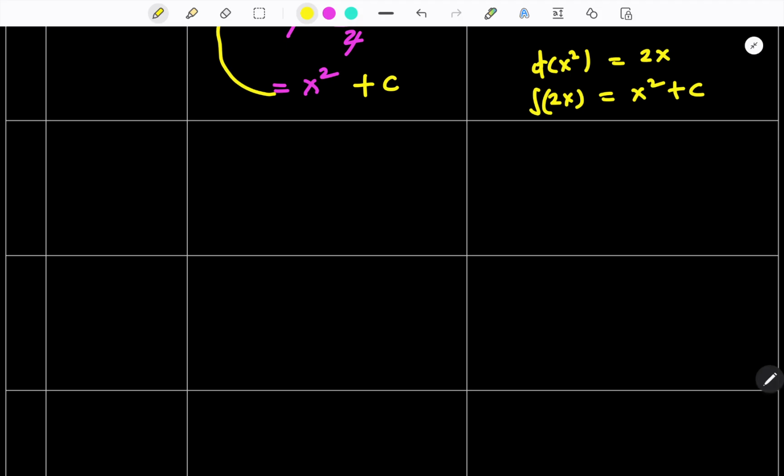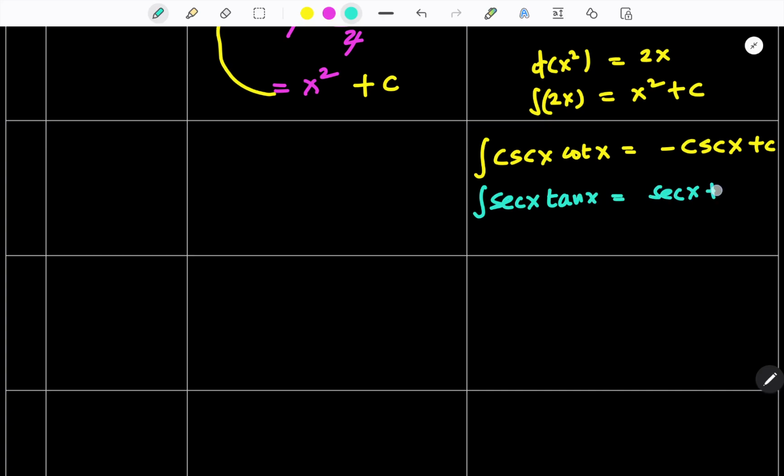Integral of cosecant x cot x is equal to, take that minus to the other side, minus cosecant x plus c. Then integral of secant x tan x is equal to secant x plus c. And integral of cosecant square x dx is equal to minus cot x plus c. How, teacher? Because what formula I gave you?